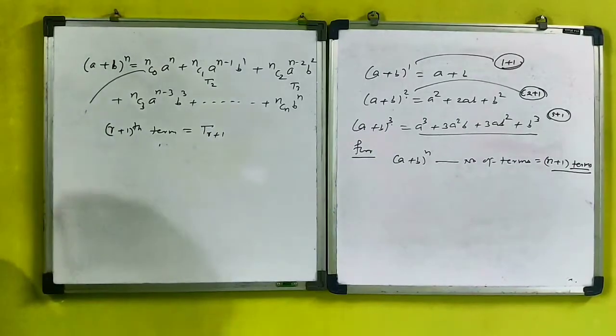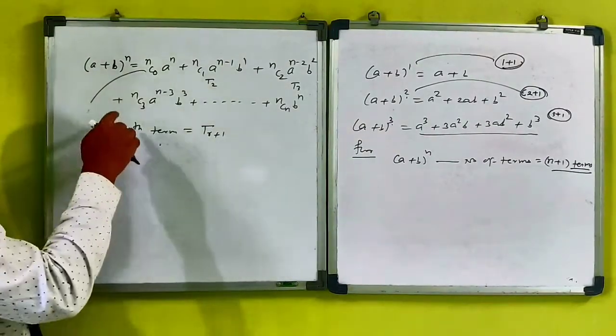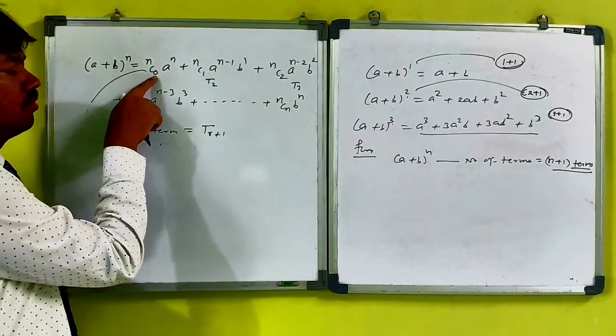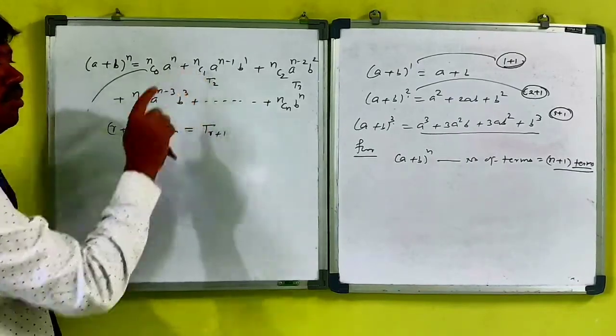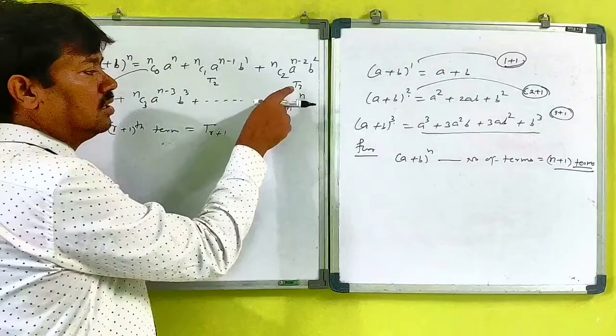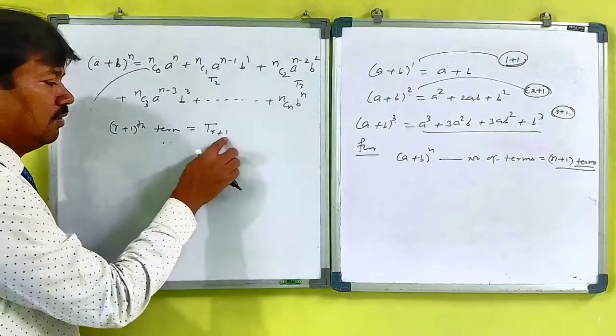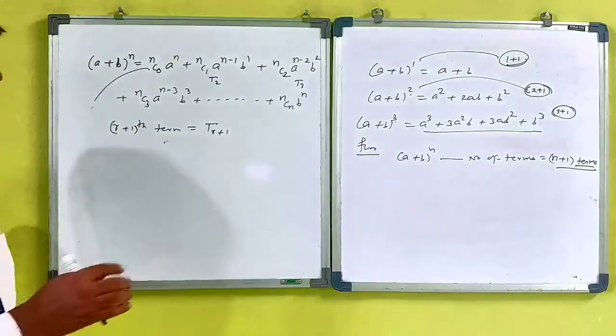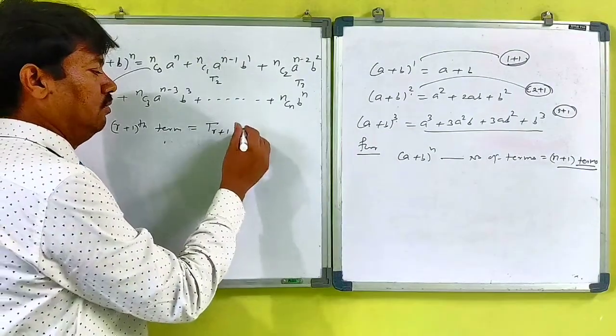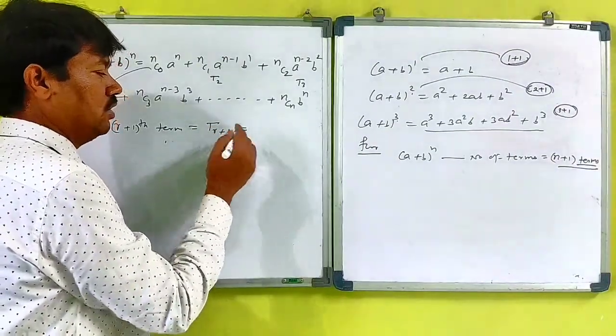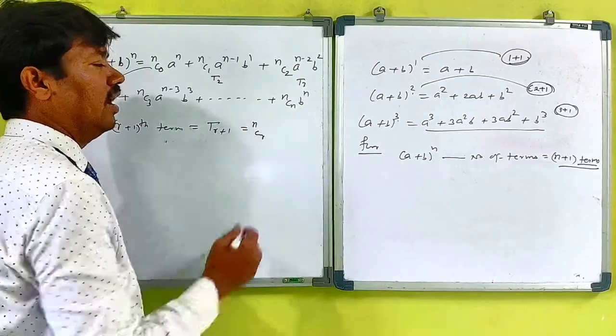What is that T(r plus 1)? Look at that: for the first term the coefficient is nC0, for the second term the coefficient is nC1, for the third term the coefficient is nC2. That means the coefficient has one less than the term number. So for r plus 1, the coefficient will be r plus 1 minus 1, one less, so it is nCr.